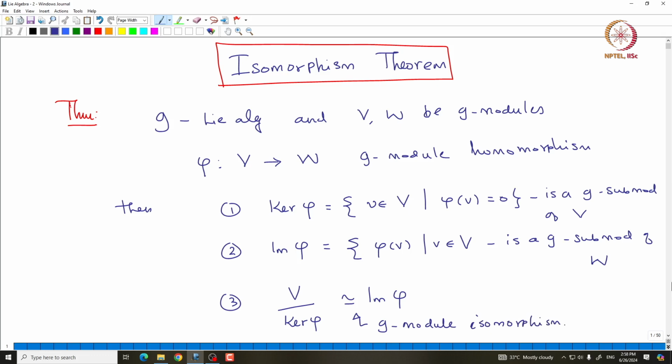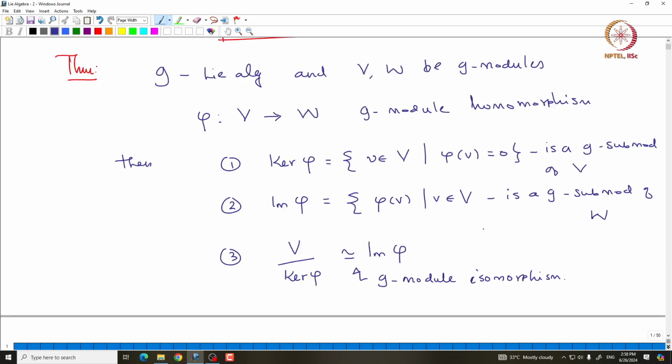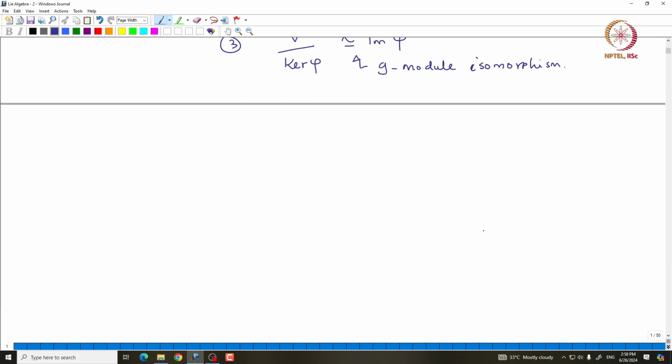Okay, what is the structure on the quotient V modulo the kernel phi? That is easy to define.